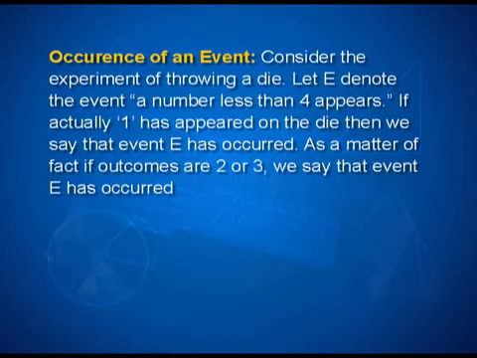Now, let us understand what we mean by occurrence of an event. Consider the experiment of throwing a die. Let E denote the event: a number less than 4 appears. If actually 1 has appeared on the die, then we say that event E has occurred. As a matter of fact, if outcomes are 2 or 3, we say that event E has occurred.